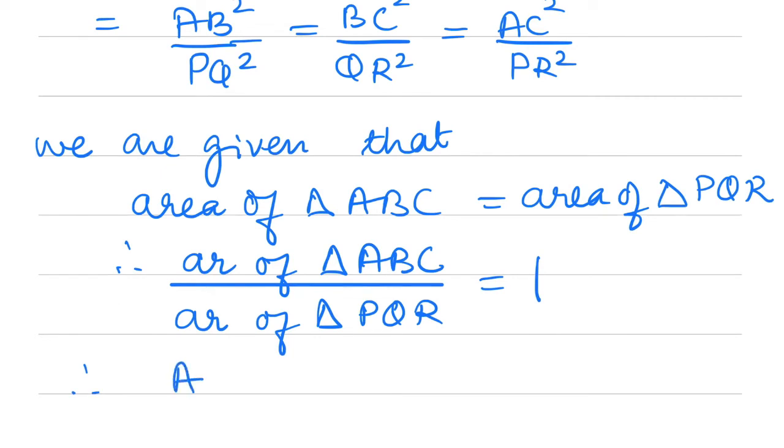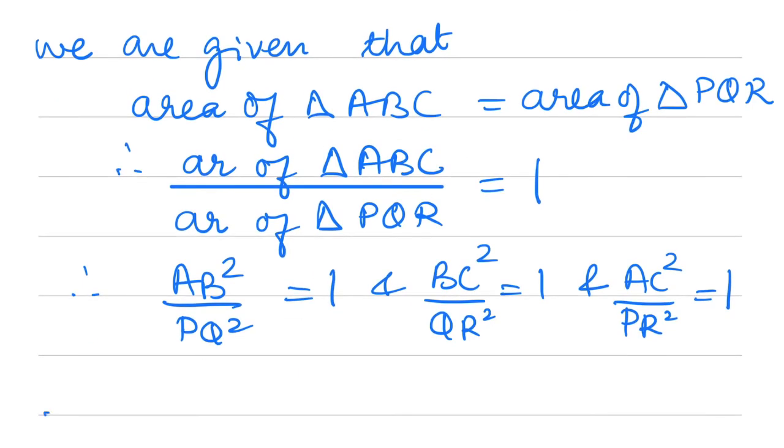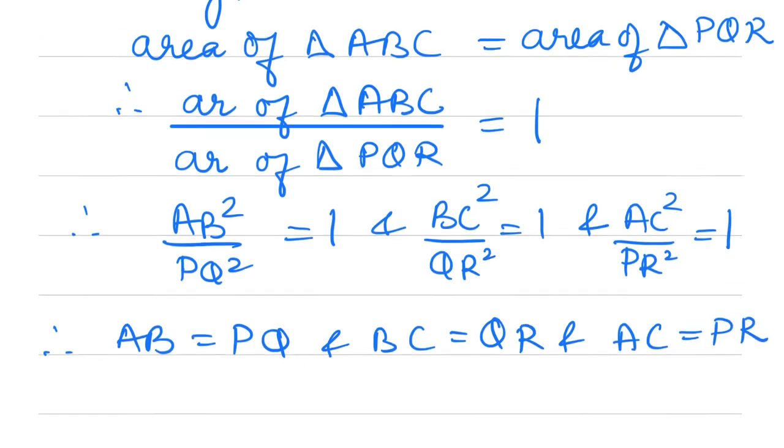Therefore, AB square by PQ square is equal to 1, and BC square by QR square is also equal to 1, and AC square by PR square is also equal to 1. Therefore, AB is equal to PQ and BC is equal to QR and AC is equal to PR.